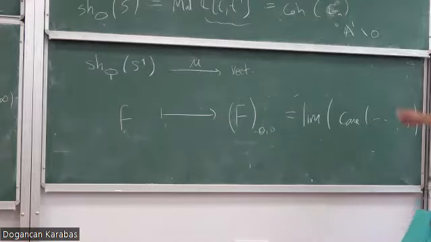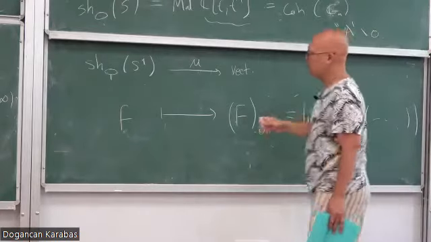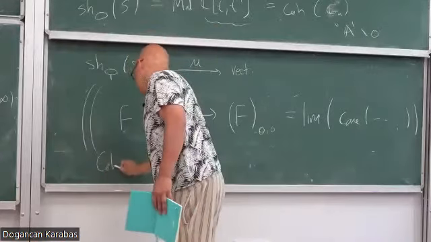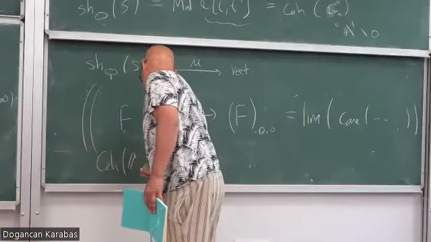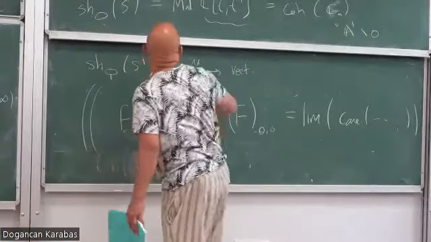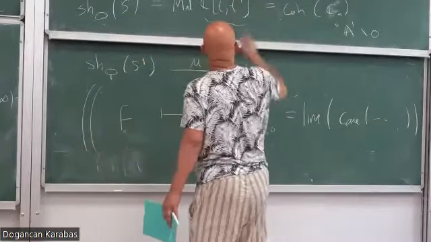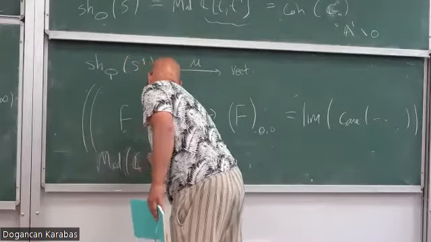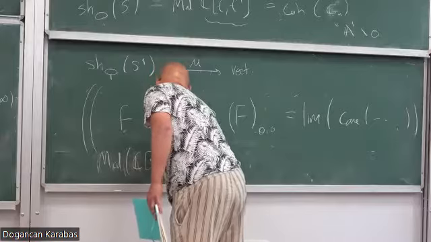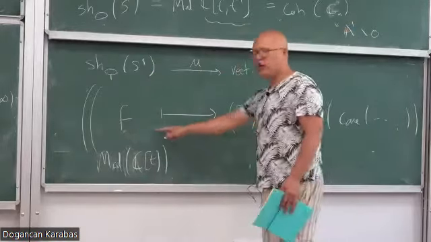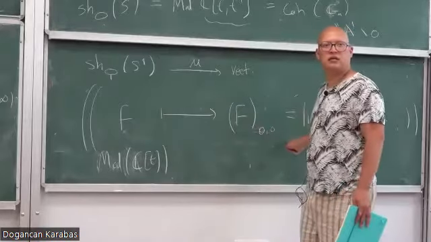And I claim that under this isomorphism, so remember this thing was supposed to be isomorphic to this kind of co-A1. Before we go to co-A1, let's look at this kind of mod C[T]. You can try and calculate what this is.